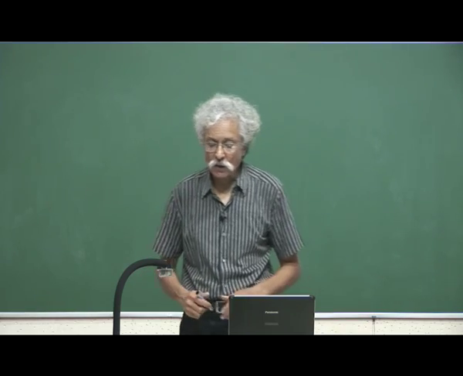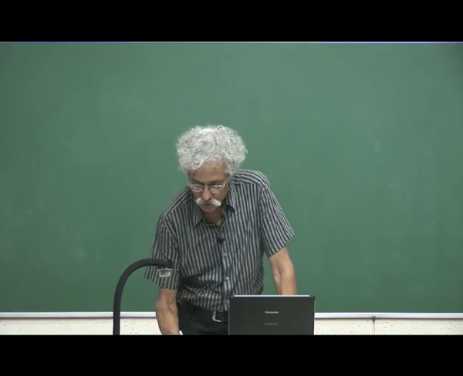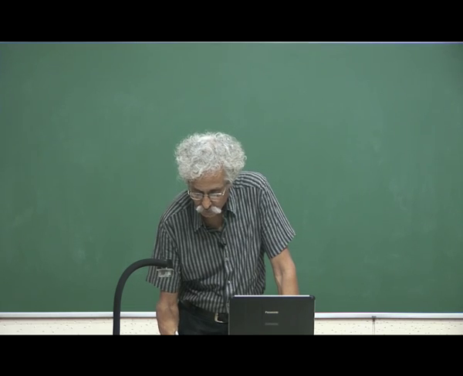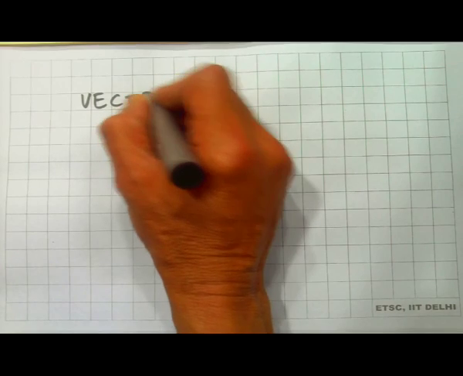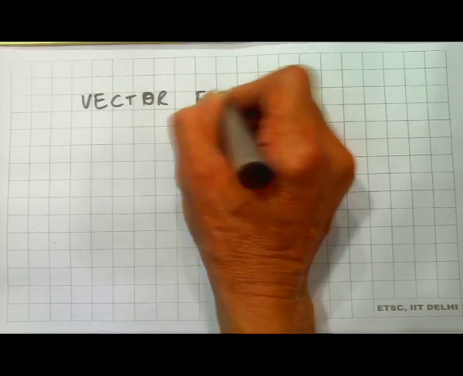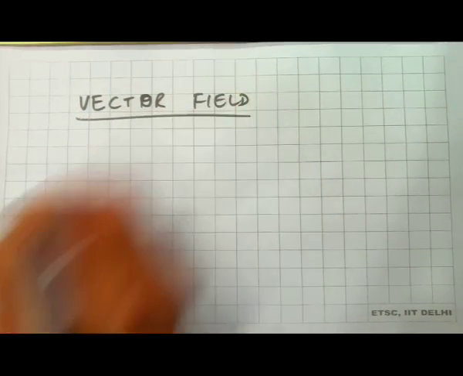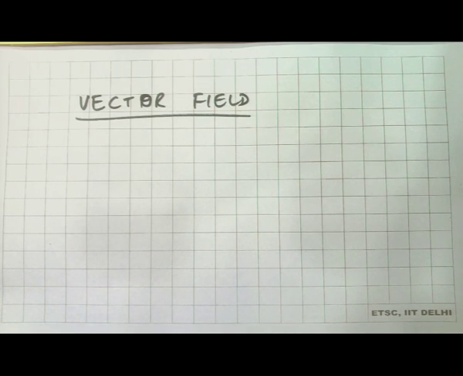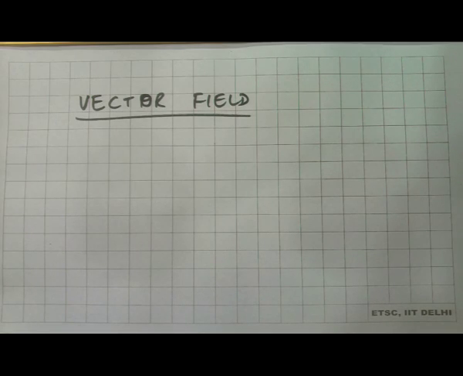Now, electric field is a form of a field called vector field. Now, what is a field? Field is any physical quantity which takes different values at different points. So, I can, for example, describe a field called temperature field.